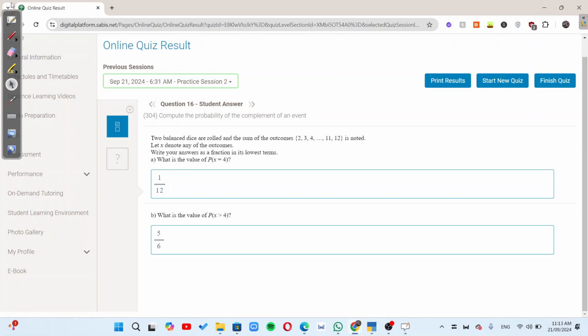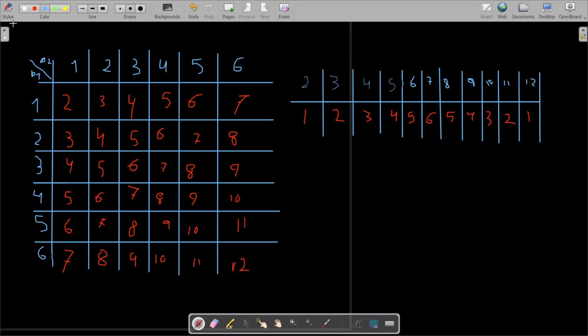For this question, I advise you to quickly draw this on your scratch paper. You have die 1 and die 2. On die 1 you could get 1 to 6, and on die 2 you could also get 1 to 6. So you just draw them in a table like this and add this value and this value, then this value and this value, and just keep going, adding each value to the one beside it.